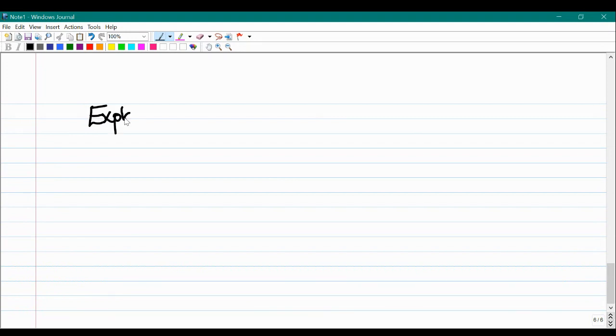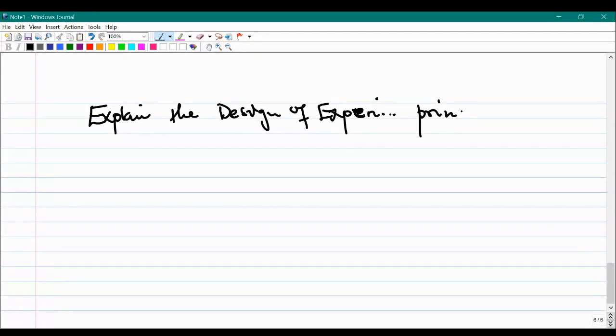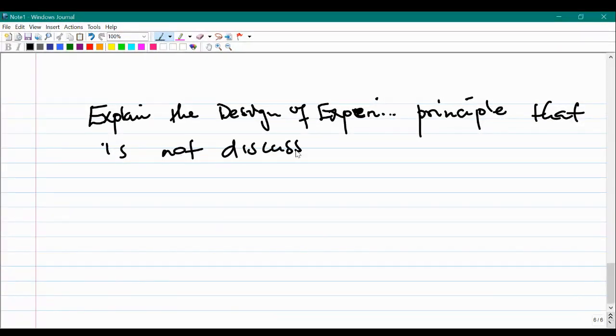Explain the design of experiment principle that is not discussed under CRD.